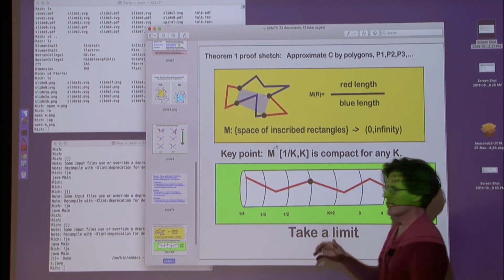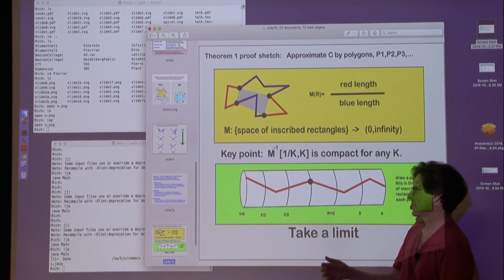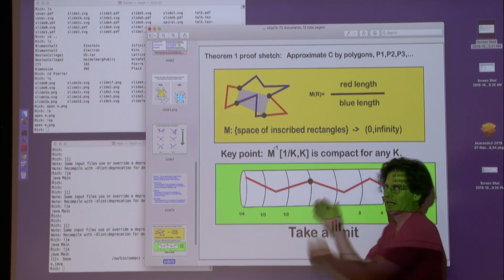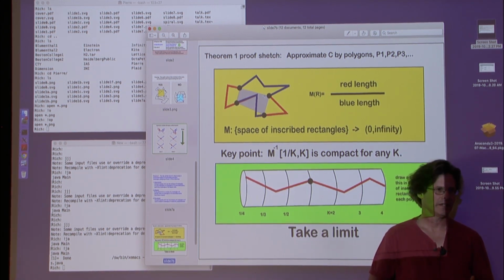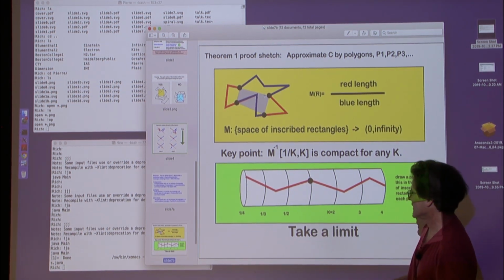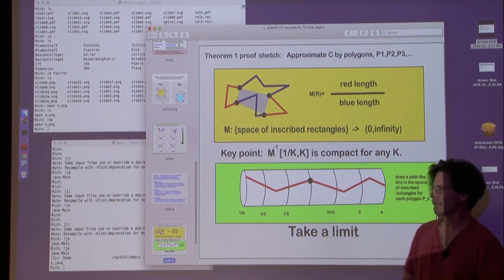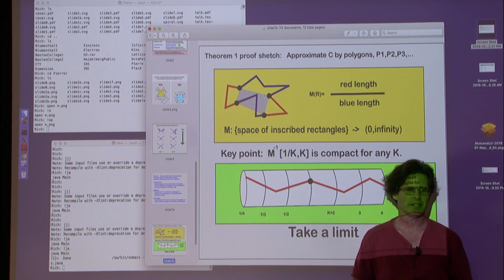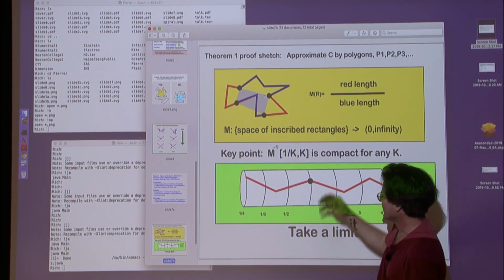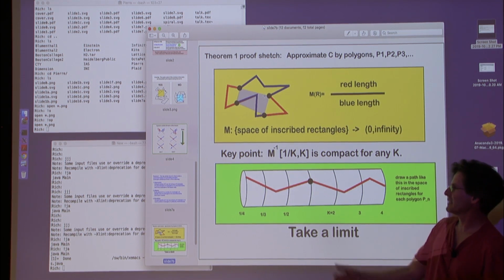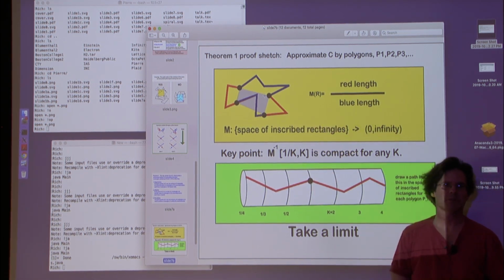Like I want to kind of take a limit of these, and since everything's compact, I can make these nest in the right way, and I can take a limit of these paths, and the limit of connected is connected, and the compactness lets me really take a limit. So what I get is a connected set of inscribed rectangles which has every one of these invariants possible.